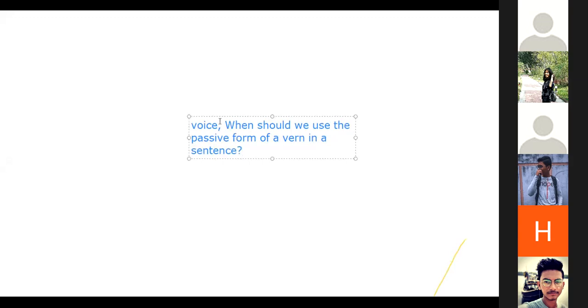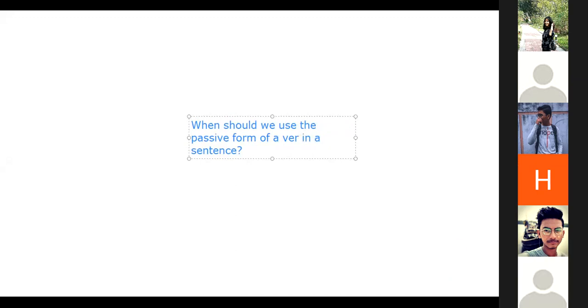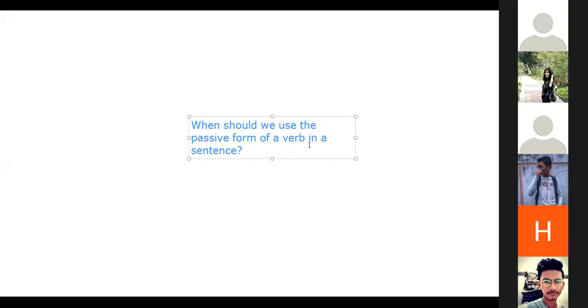When should I use the passive form of a verb in a sentence? It's a very important thing.